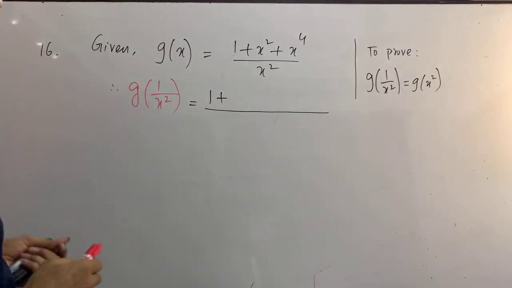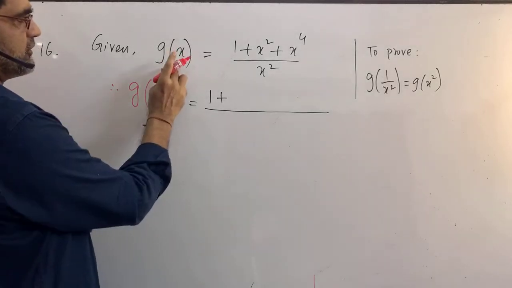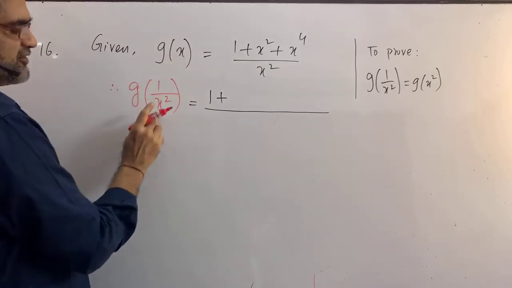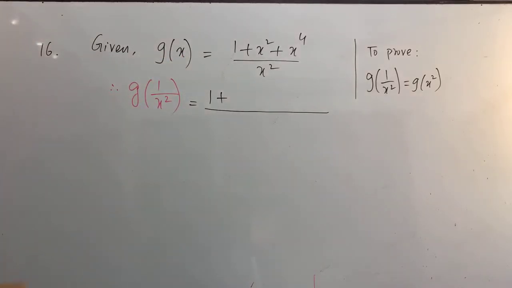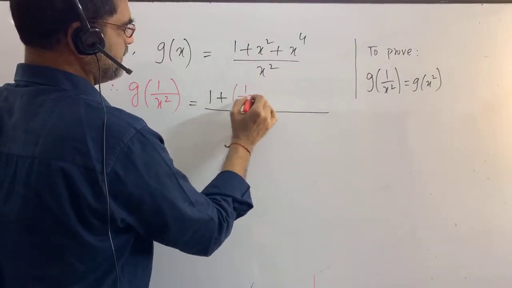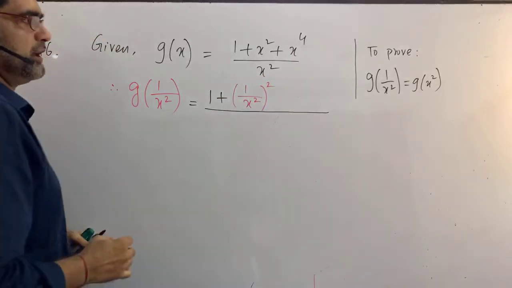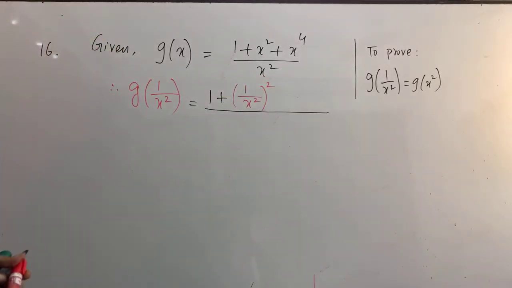I told you for x you have to write down 1 by x square. You see, it is x. So for x we are considering 1 by x square. It is a function, right? So what is to be done here? Write down 1 by x square. Actually we are going to write down 1 by x square instead of x, right?